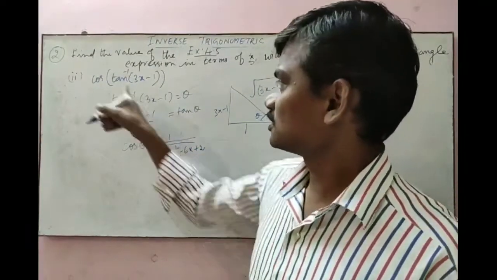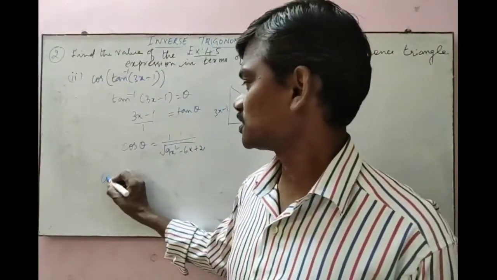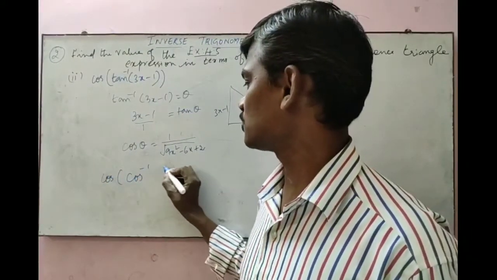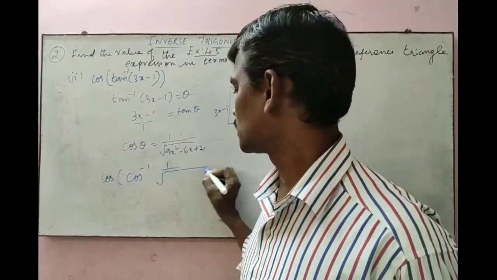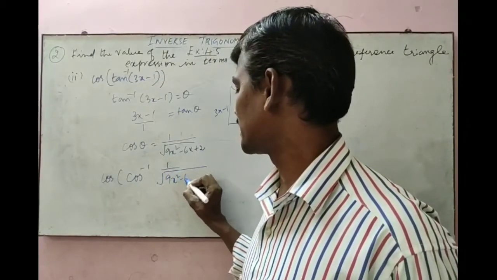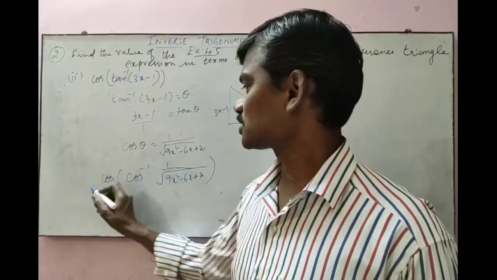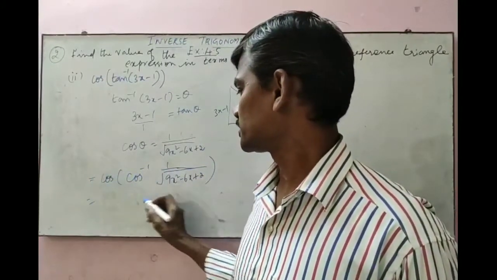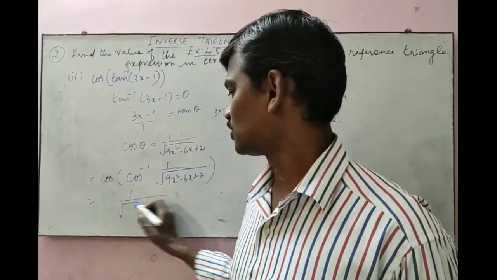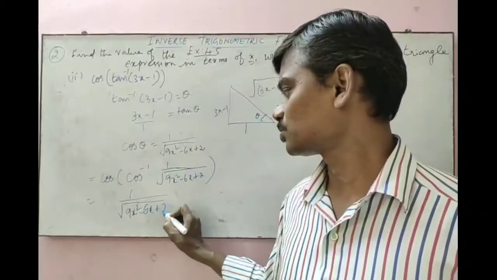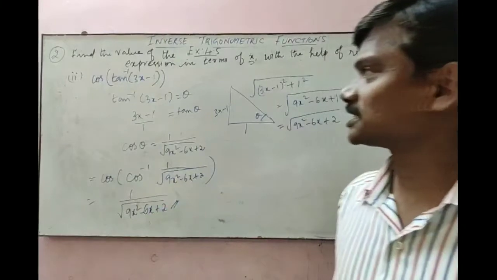Using this in the question, you will get cos of cos inverse of 1 by root of 9x square minus 6x plus 2. Now the cos inverse and cos get cancelled. You will get 1 by root of 9x square minus 6x plus 2. So this is the answer.